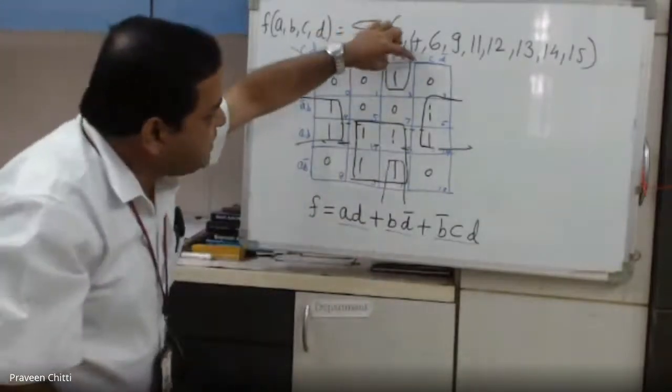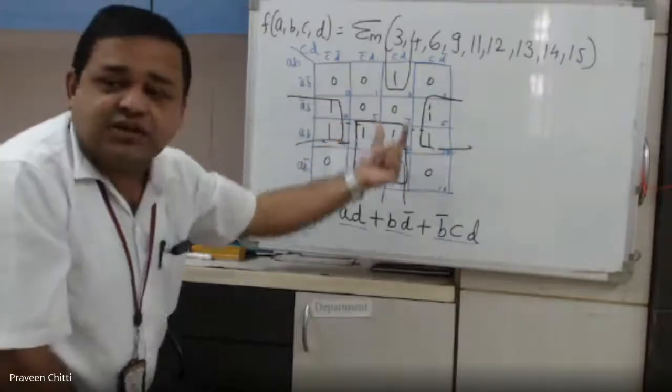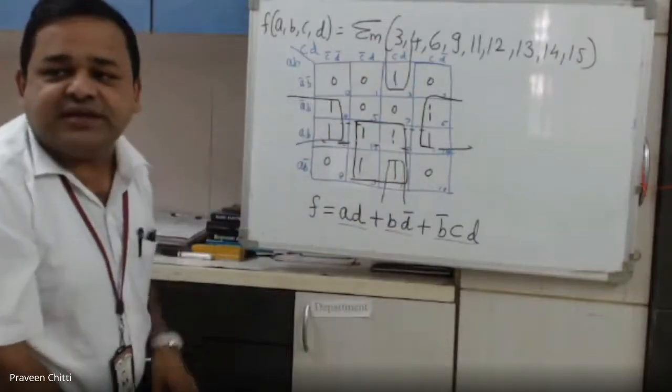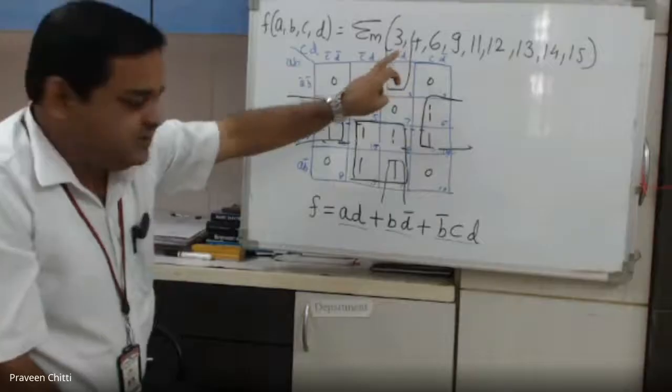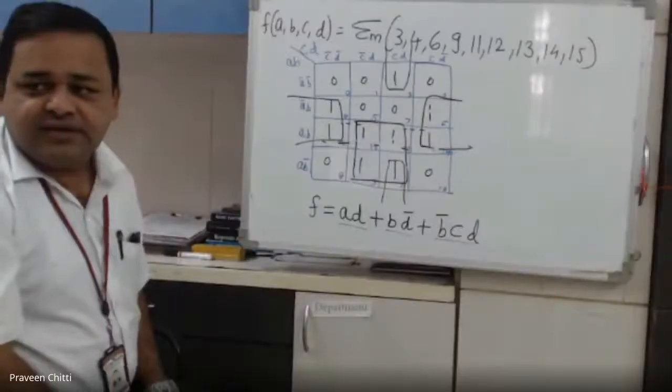You can see this pair is present for this column. We are not taking a common between two again, because this is a single column. So when you take a single column, you have to take what is written there as it is. What is written there? CD. So B bar CD. Is that clear? Yes, sir.